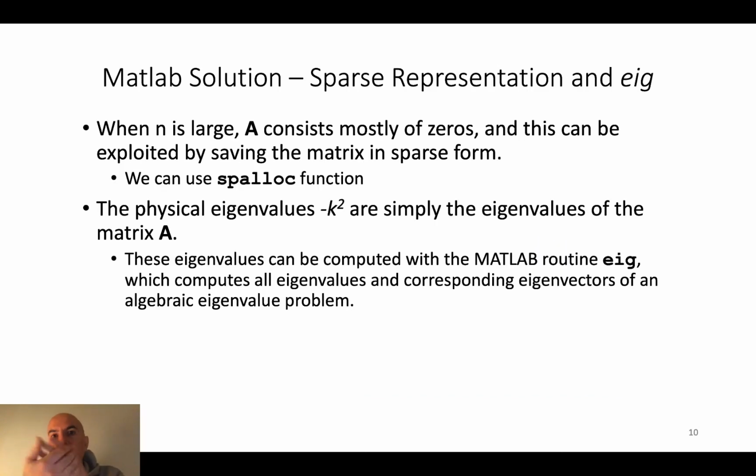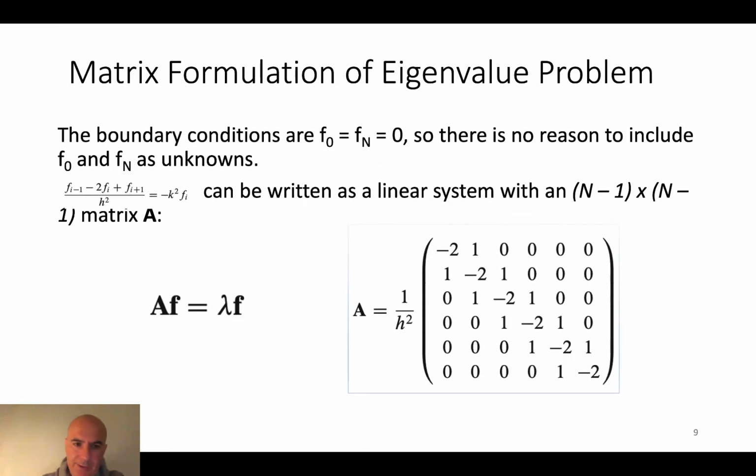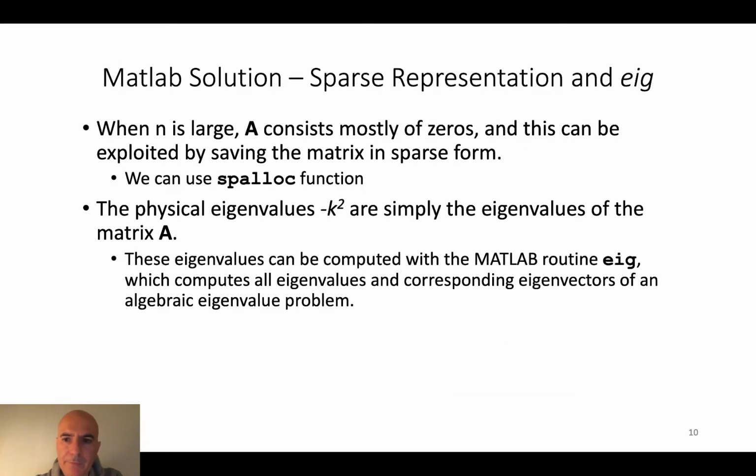There is a special function in MATLAB to calculate the eigenvalues given the matrix A. So what we're going to do is form this matrix A, and then provide it to the eigenvalue function to solve the eigenvalue problem. The function is called eig in this case.